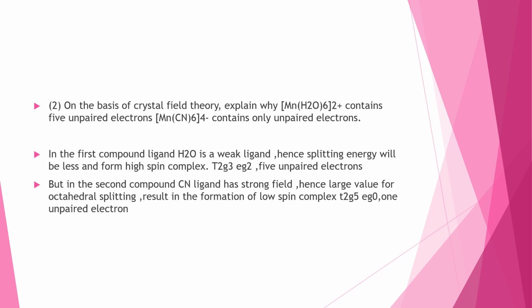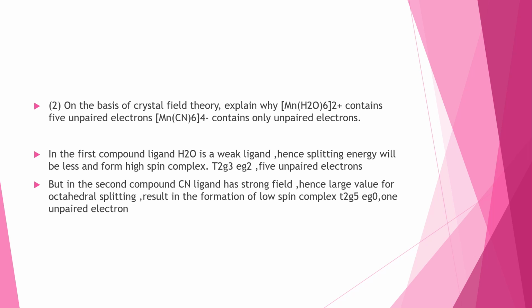When it comes to the 2 compounds, hexaaqua manganese and hexacyano manganese, there is only a difference in ligands. Both have the same oxidation state. In both compounds, Mn is in the +2 oxidation state, which means it has d5 electrons. But when we compare the ligands, water is a weak ligand and cyanide is a strong ligand. A weak ligand splits the orbitals, that is Eg and T2g, by a very small distance.